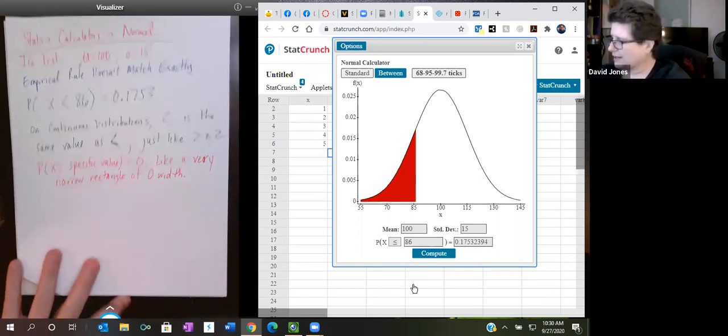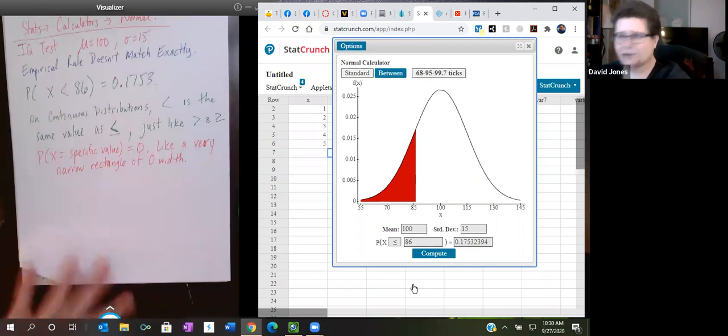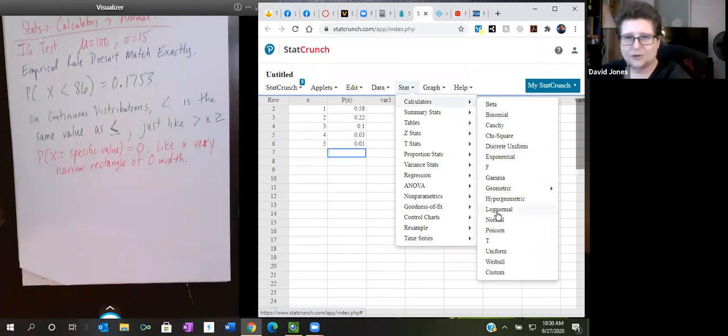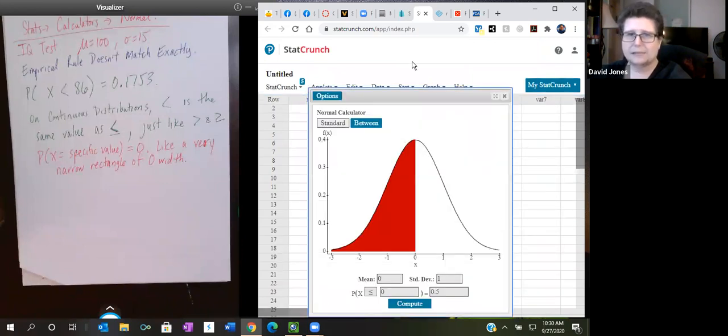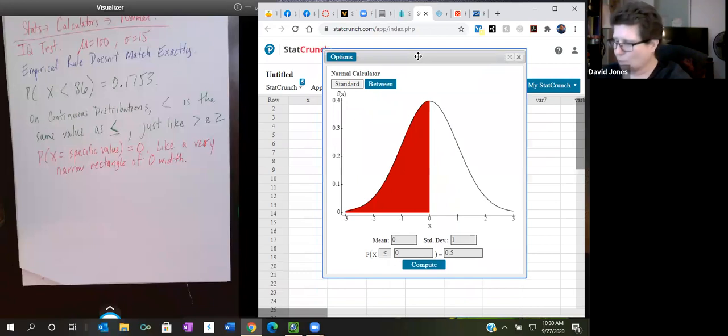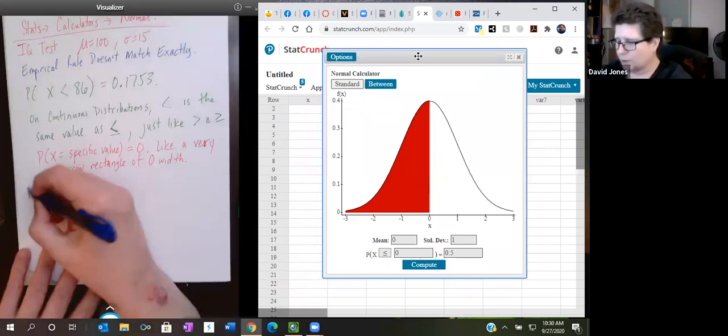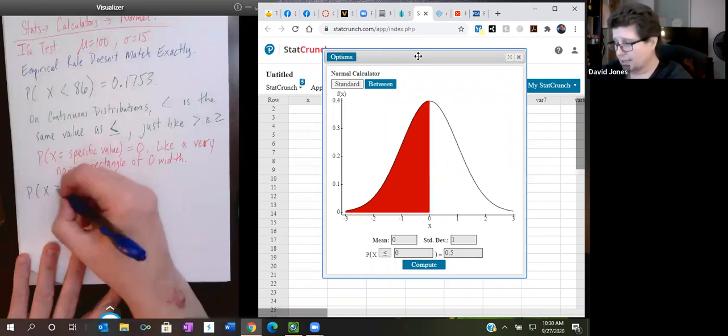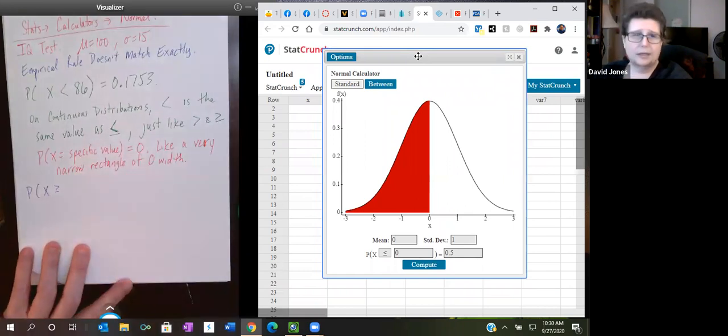Again, I recommend giving this a try on your own. Remember, I'll start it over. Stats, calculator, normal. Why don't you guys give a try to the probability that x is greater than or equal to, what's a good score?